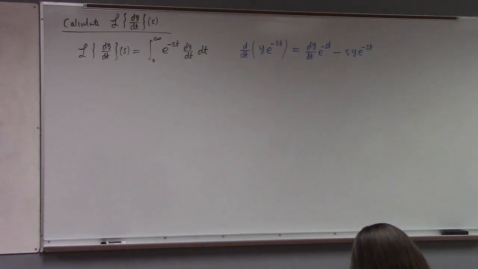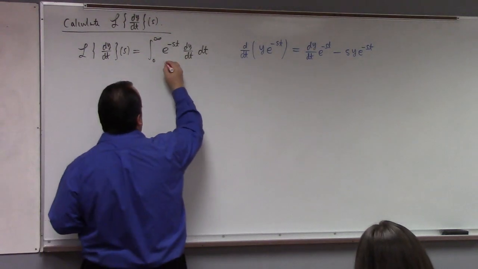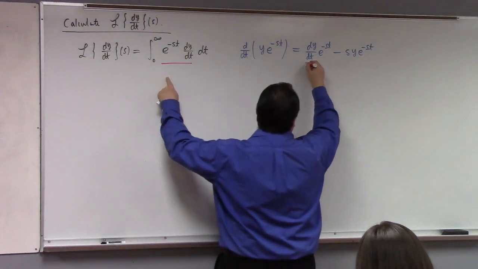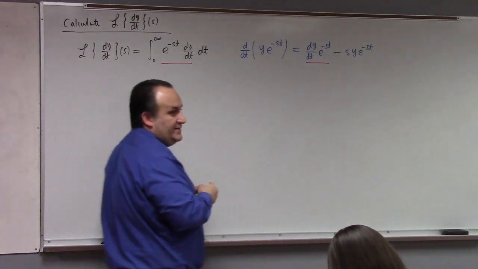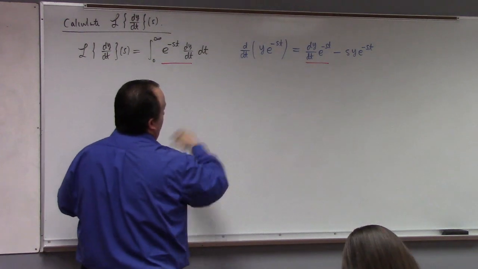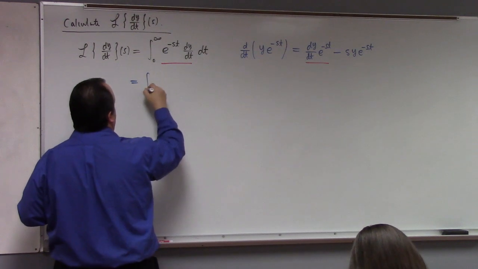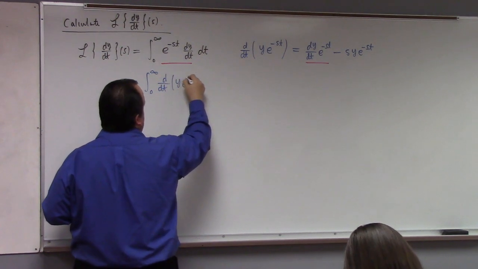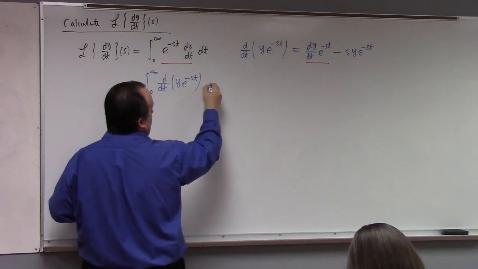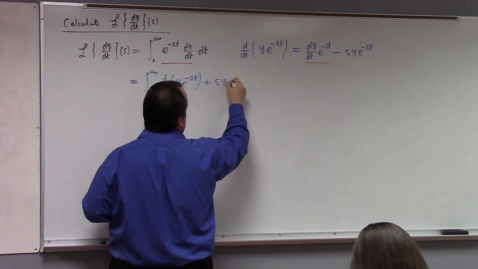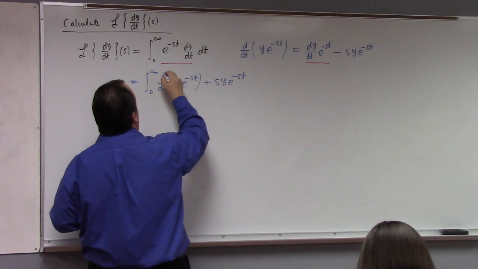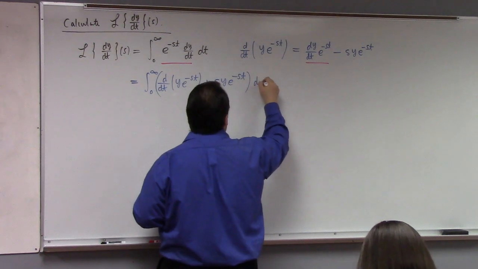So if we use the product rule, we can solve for part of what we have here already, right? And we can notice, where is that? That's this term right here, right? So I can replace the red term with the difference of the derivative of y times e to the minus st plus sy e to the minus st, right? dt.